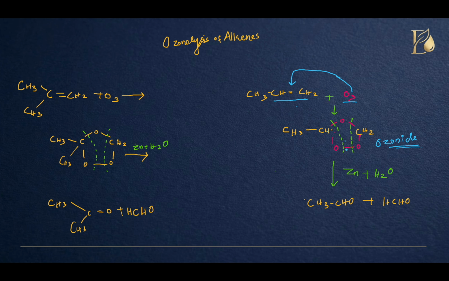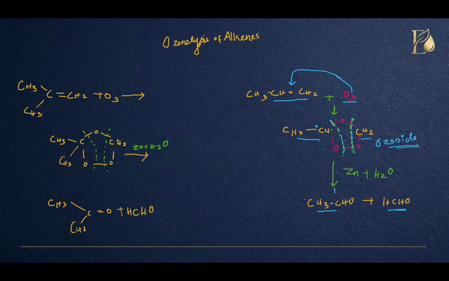Now when it is treated with zinc dust and water, this ozonide will break in such a way that it will produce smaller molecules. Firstly you will get CH3CHO. From the left side, this CH3CH will produce CH3CHO, and from this other part it will produce HCHO.